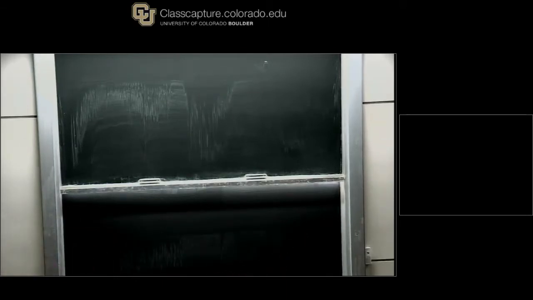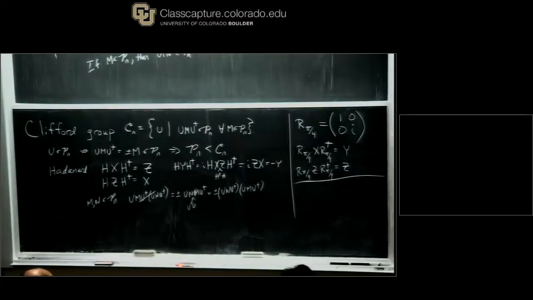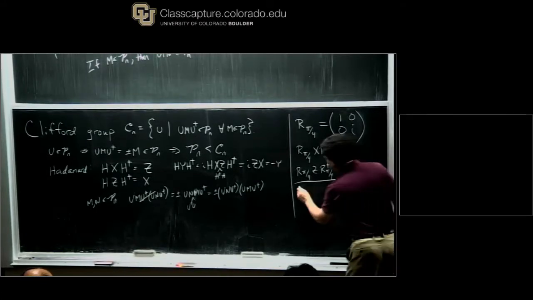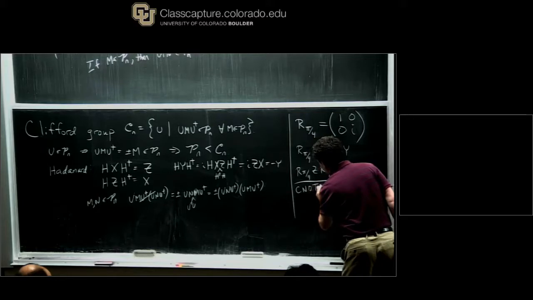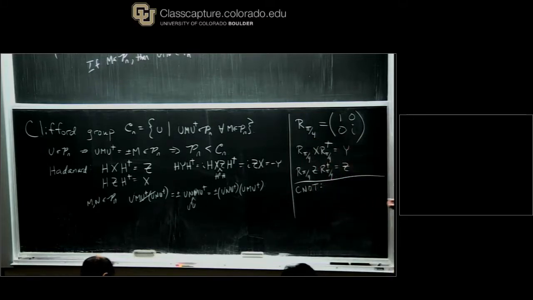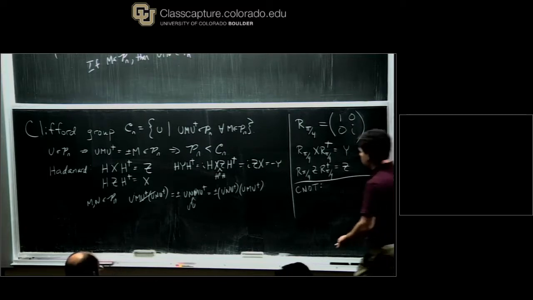So that's single qubit gates. So what about 2 qubit gates? Well, it turns out that the CNOT gate is also a member of the Clifford group. It's a 2 qubit gate, so we're going to have to look at not just X and Z, but X on the first qubit, X on the second qubit, Z on the first qubit, Z on the second qubit. So there's 4 things we have to check.